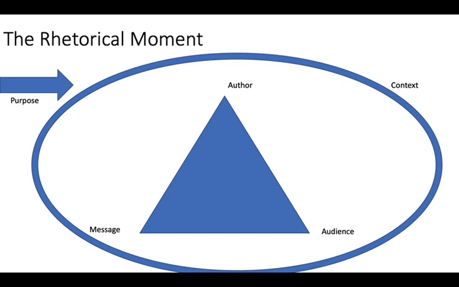I also want you to think about context. How does when a text is written influence the writer's choice? I think the internet provides lots of great examples of material that is created while being very mindful of specific contexts. Memes respond to current events and trends, and even other currently popular memes.